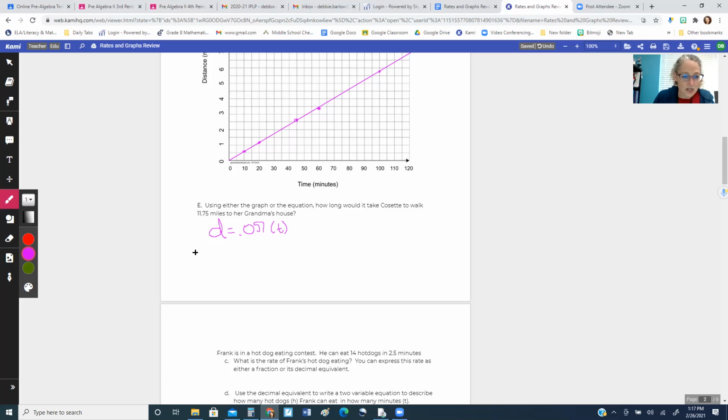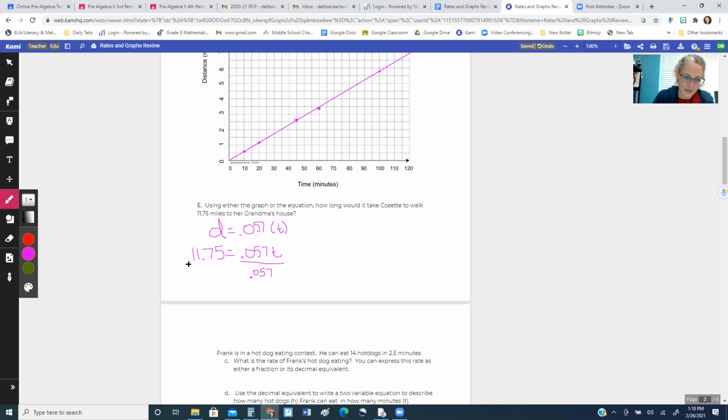So the distance, she's got 11.75 miles to get to grandma's house. And that equals 0.057t. Now I want to get this t alone. So it's multiplied by the 0.057. To get it alone, the opposite of multiplication is division. So I'm going to divide both sides by 0.057.